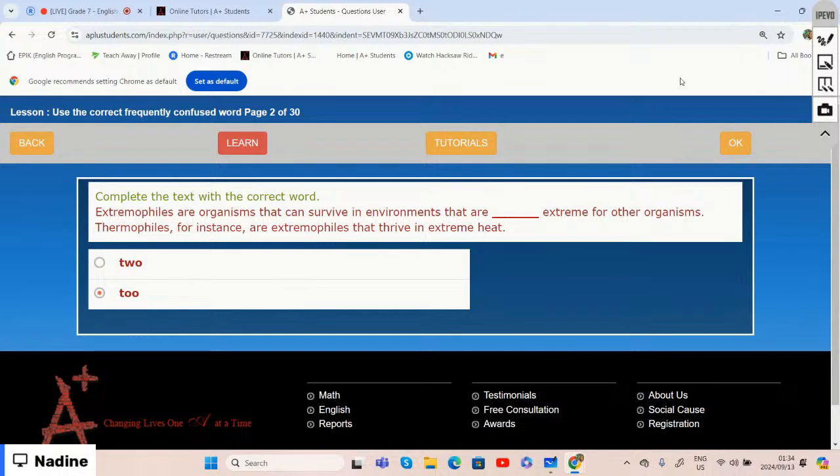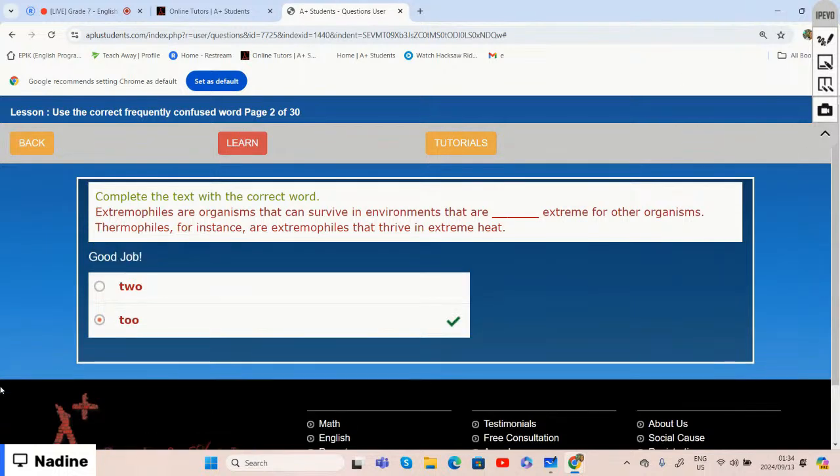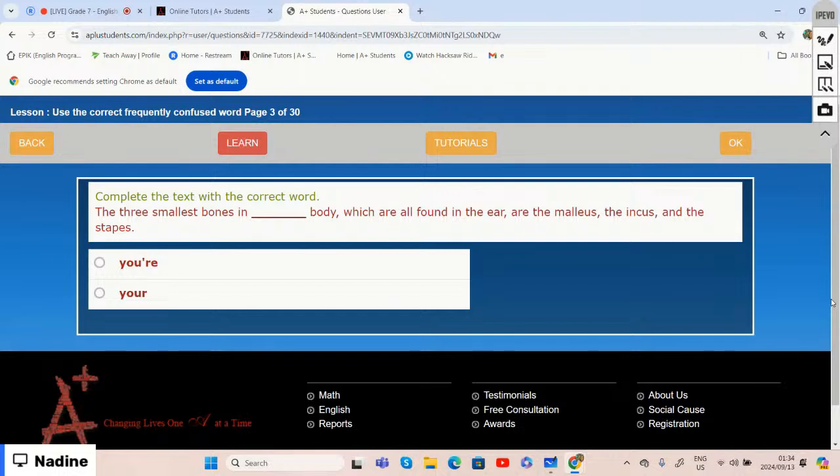So two, which is option two, is correct. The first option is numbers, like, for example, two, which is number two.